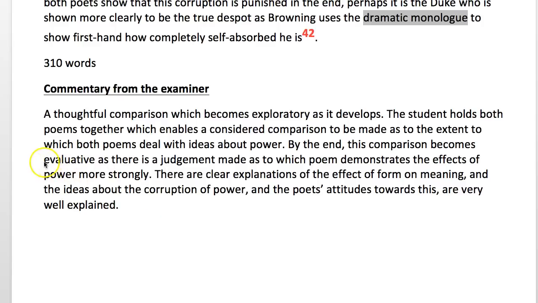Well, the reason is the ability to be evaluative was something that was always rewarded in GCSE literature exams in the past. And what you have to remember is, although the examiners will be working with a new mark scheme, they'll still be going on their gut instinct based on years of experience as an examiner. So it's going to be worth being evaluative, offering some kind of evaluative comment in your conclusion, even though it's not in the mark scheme, because you want to control the examiner's thoughts.